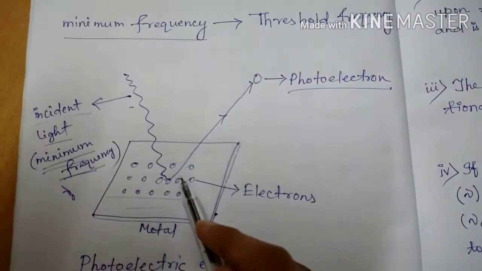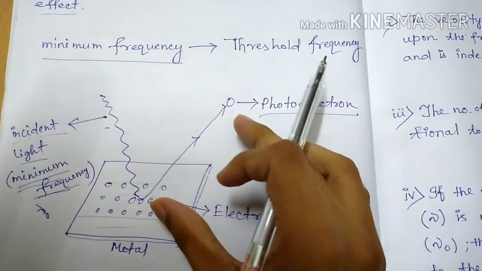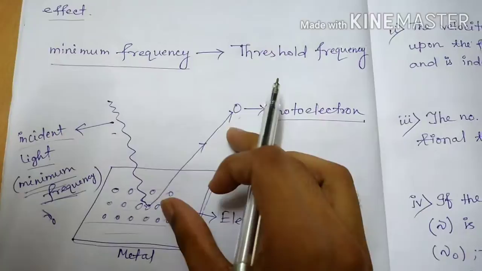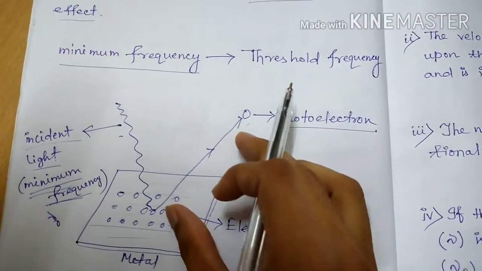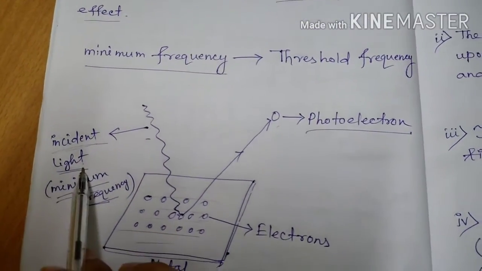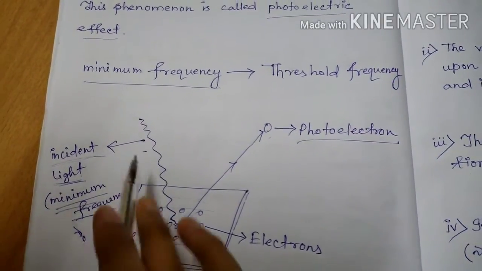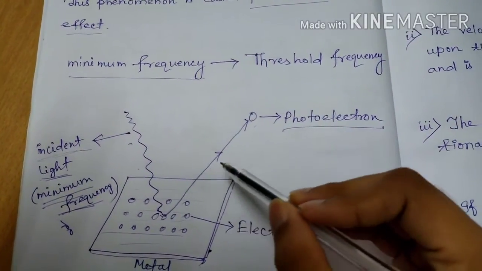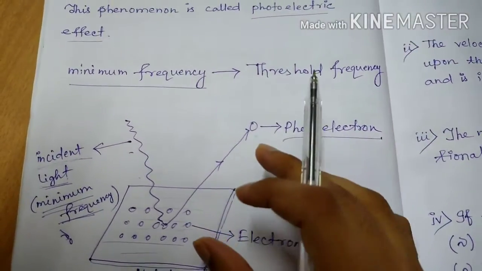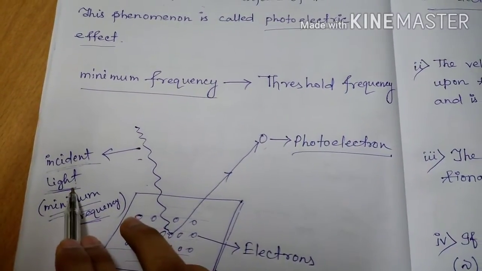Means this ejected electron, how fast these electrons will be ejected from this surface, this velocity depends upon the frequency of the incident light. Means if the frequency of incident light is greater, then the velocity of ejected electron will be greater, like this. Okay. But it is independent of intensity of this incident light.